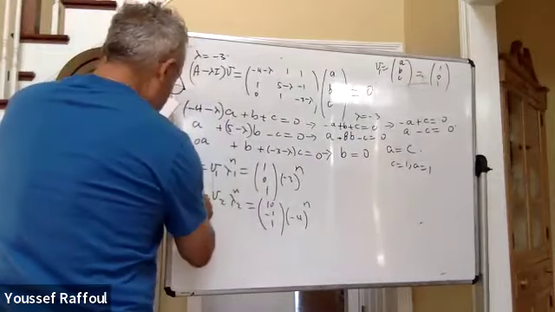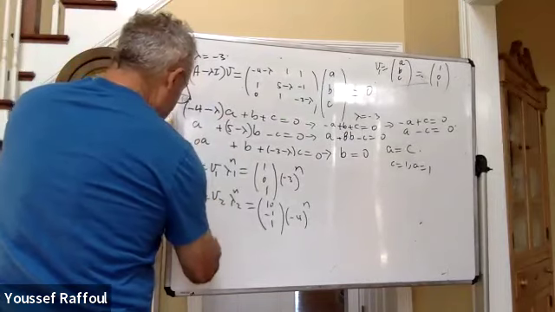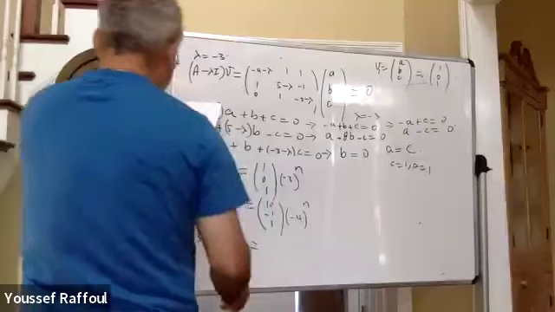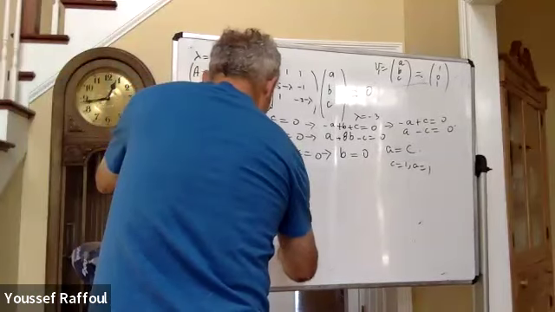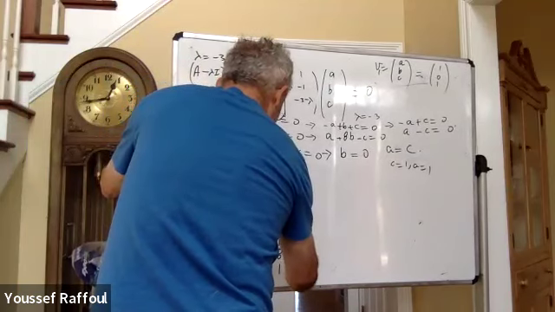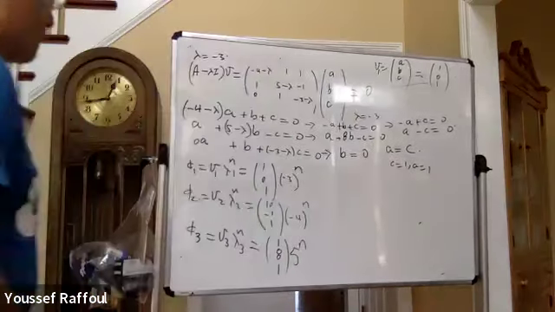That is phi 2. And phi 3 is V3 lambda 3 to the n, and that is (1, 8, 1) times 5 to power n.